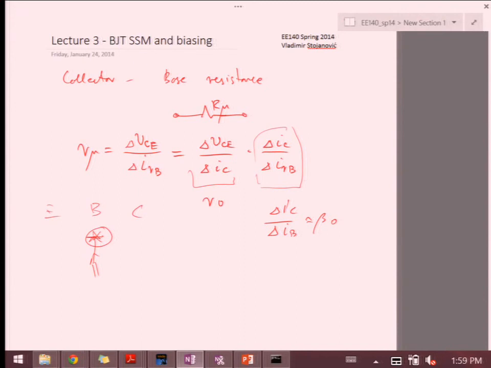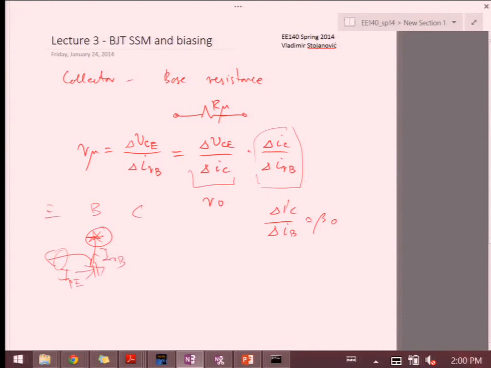Base emitter is forward biased, so the holes hop there. So I have this current, which is the hole diffusion current in the emitter, and the recombination. And we said last lecture which one is much bigger than the other. The emitter current, yes. So this was IPE, and this was IRB.